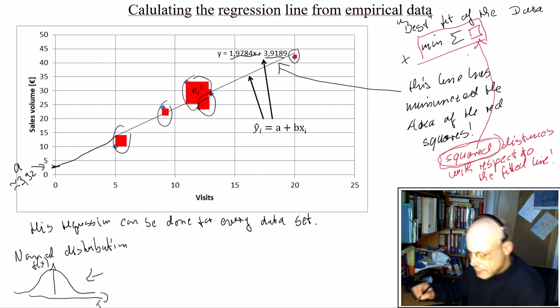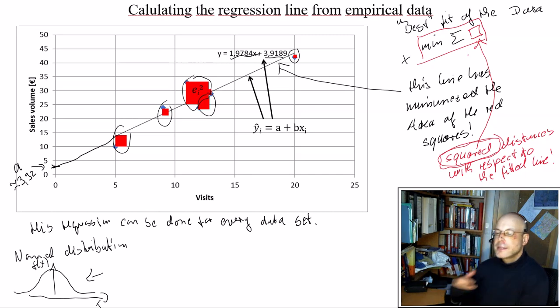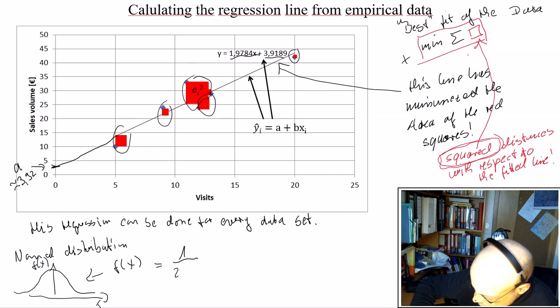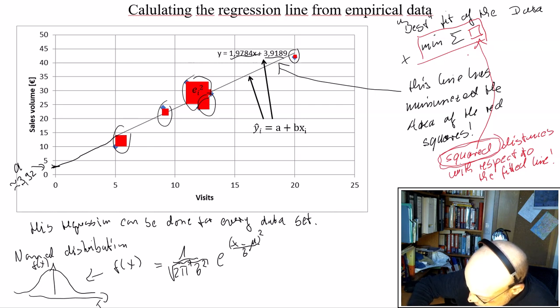And this curve you can describe with a function, and this function for the normal distribution is given by 1 over the square root of 2 pi sigma squared, times e to the power of minus (x minus mu) squared over 2 sigma squared.